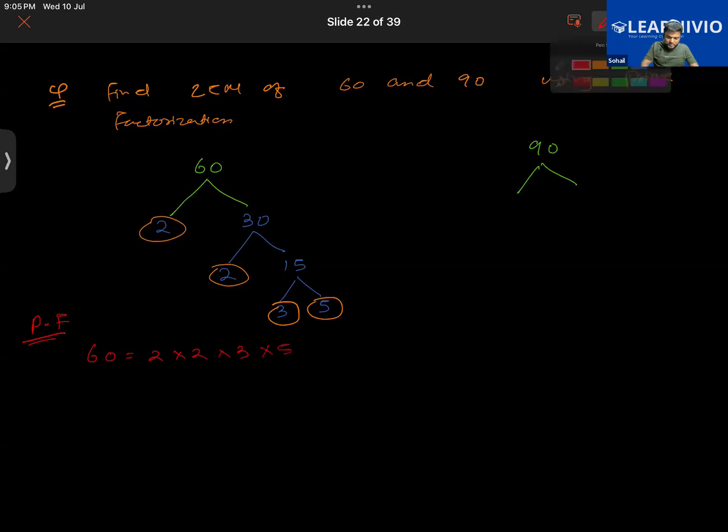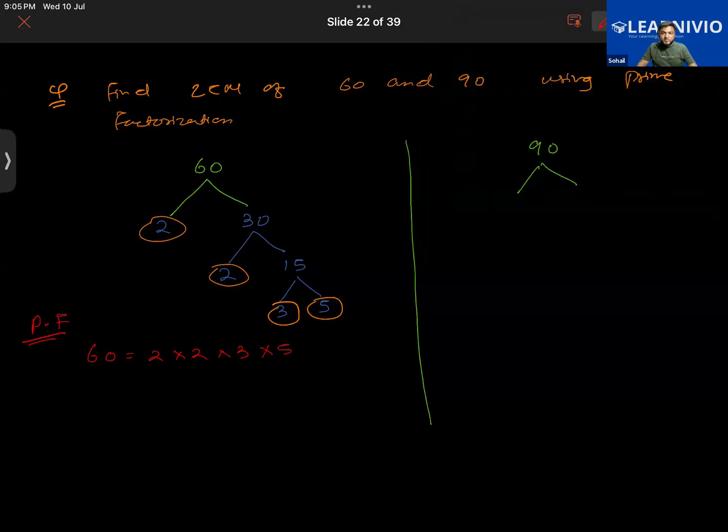Now talking about the other number, I'm not going to answer this one. For 90, you find it out. Take your time and find out the prime factorization of 90.